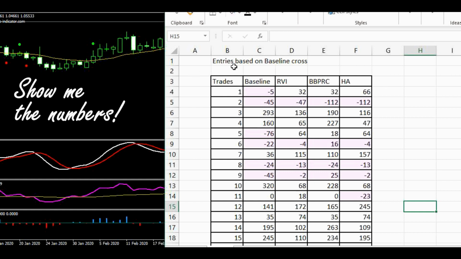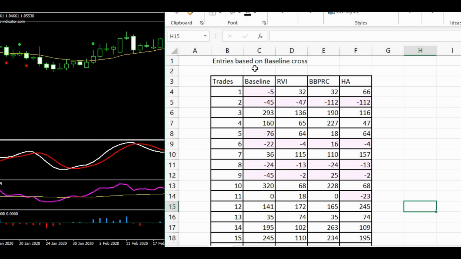Again, you can see I based my entries on the baseline cross, took 20 trades, and here are the numbers stacked up next to each other. This is simply a baseline cross to a baseline cross, number of pips. This is my RVI results, this is my BBPRC results, and this is my Heikinashi results.